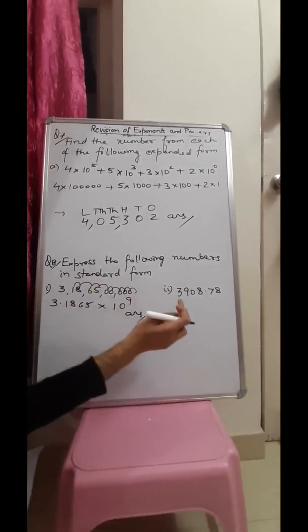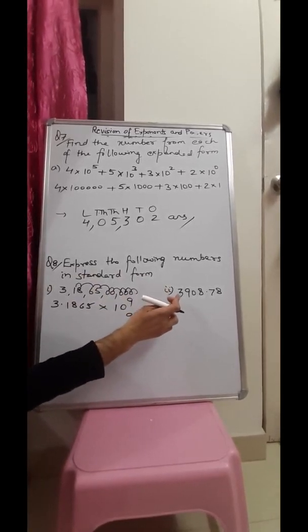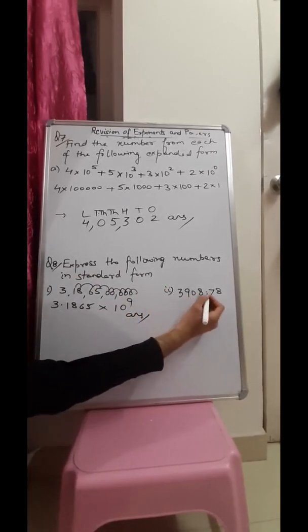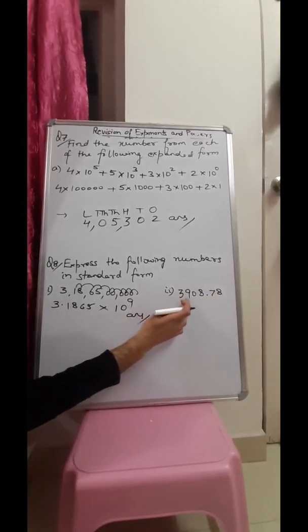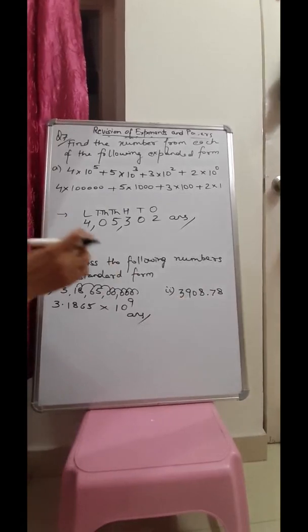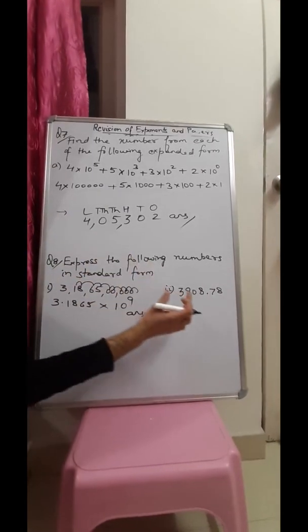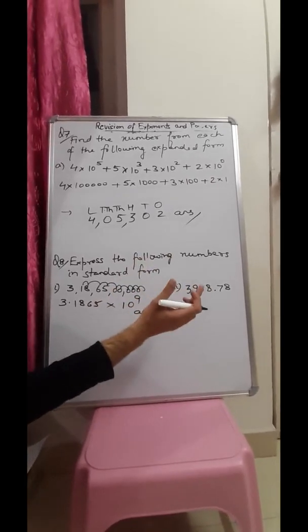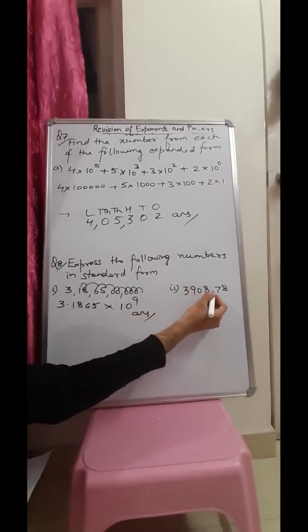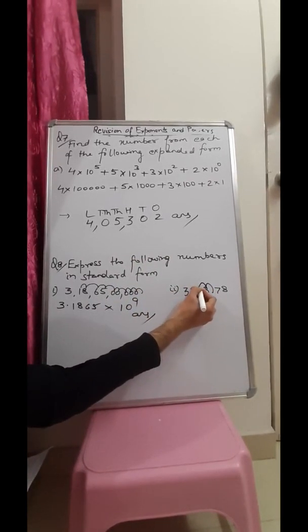Now the second part. Here we can see that the decimal is already there. It is a decimal number, 3908.78. We have to write it as a decimal number, but this number is greater than 10, and we have to write a number which is between 0 and 10. So again we have to shift the decimal: 1, 2, 3.